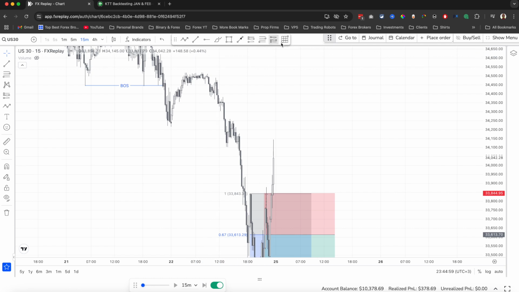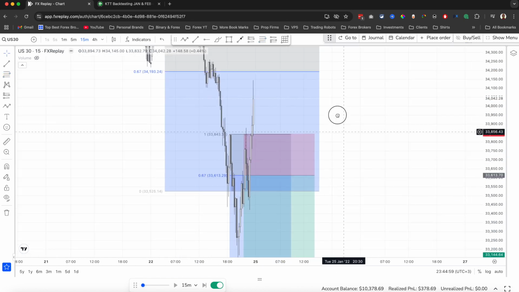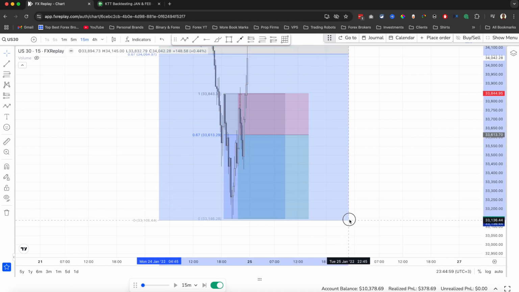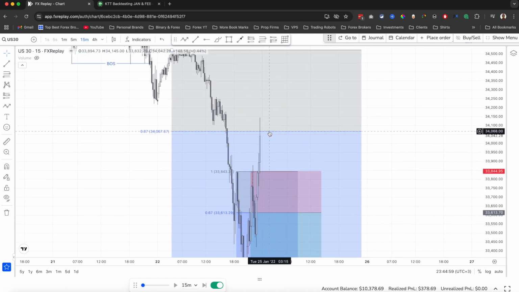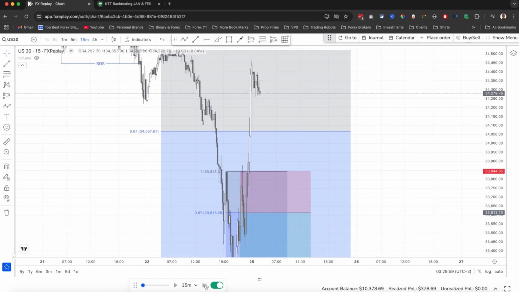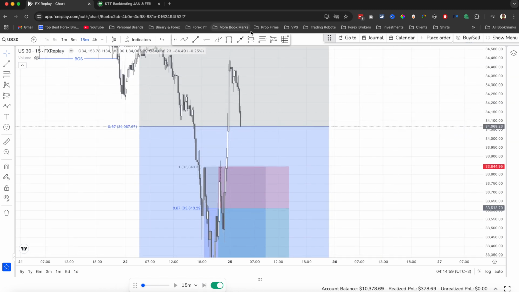So let's just take a big Fibonacci here, and let's wait for the price. The price has now reached our point, right, as you can see, but let's just ignore it first and still we get a reversal. Because the price is now reversing, now we can take our trade from there, right?